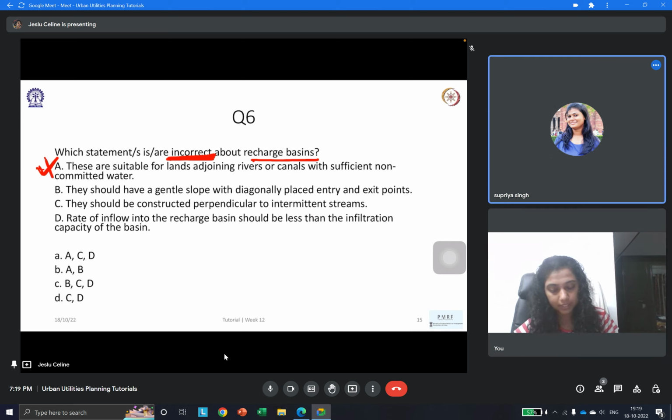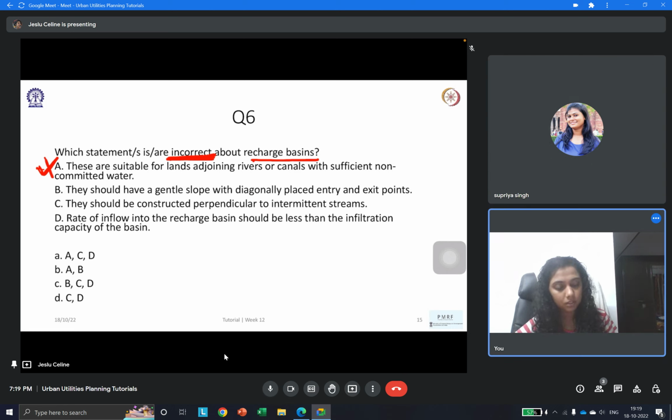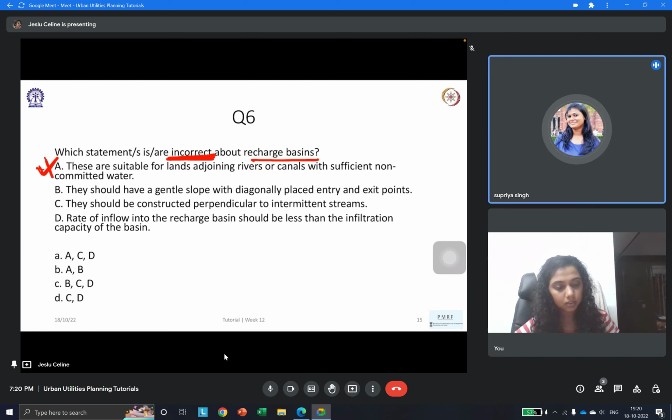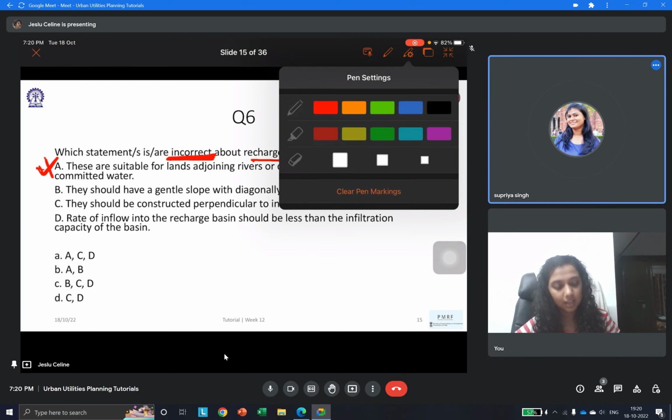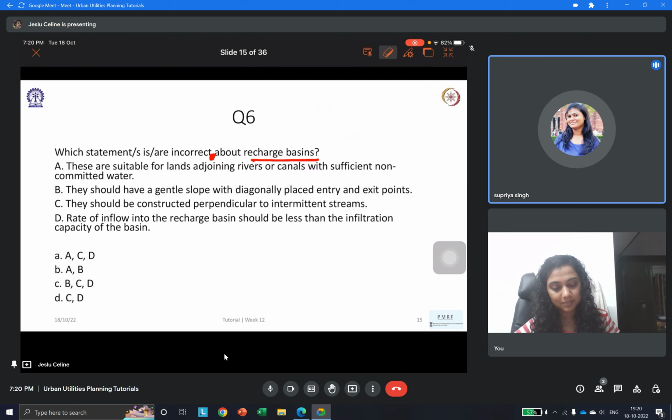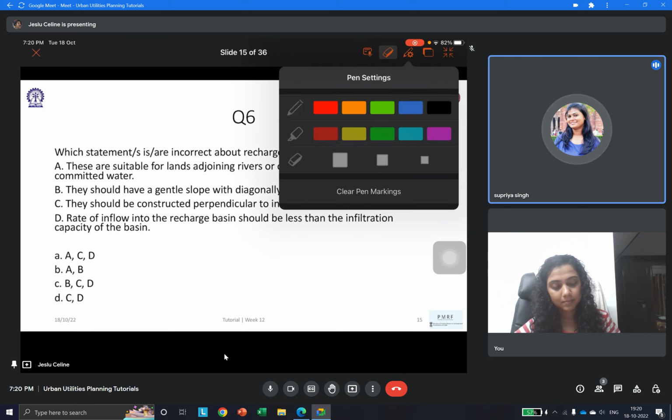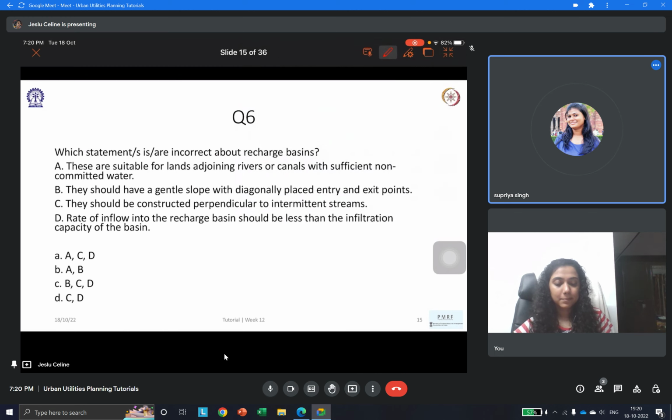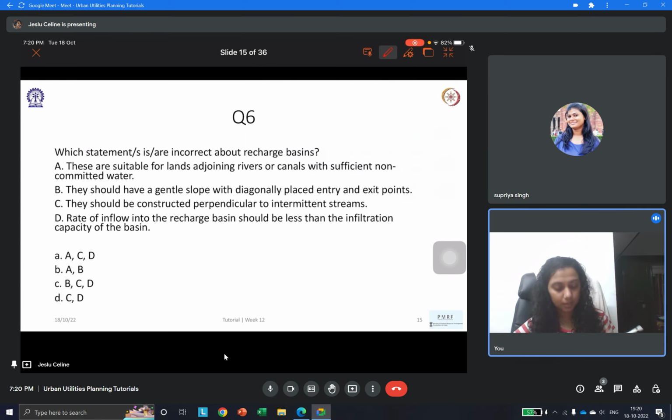Okay, fine. Why is it not suitable? Sorry, no, this is the incorrect statement. The correct statement would be that these are not suitable for land adjoining rivers and canals. My question is, why are recharge basins not suitable in regions adjoining rivers or canals?